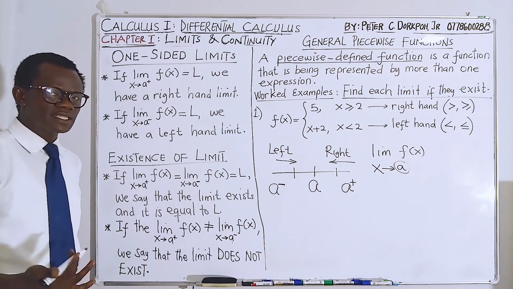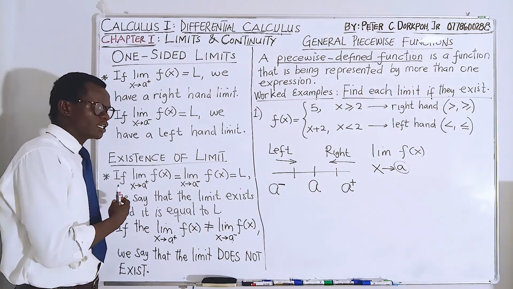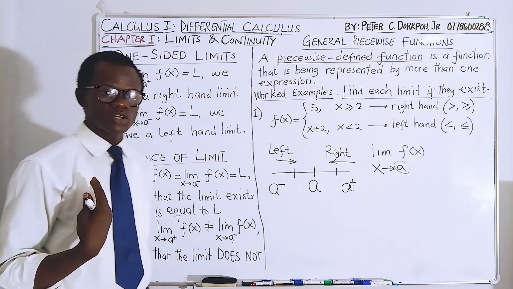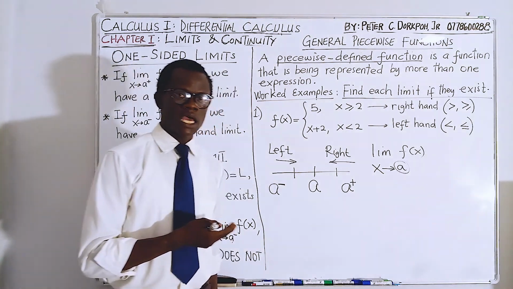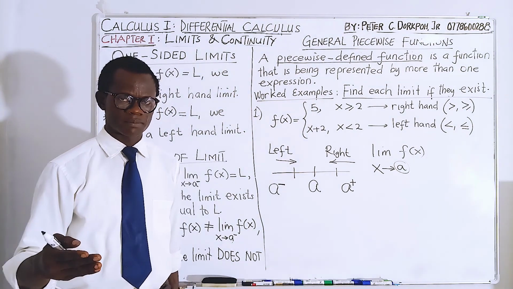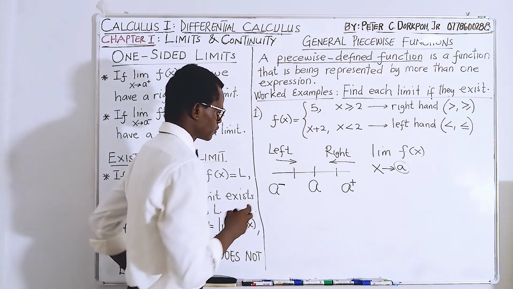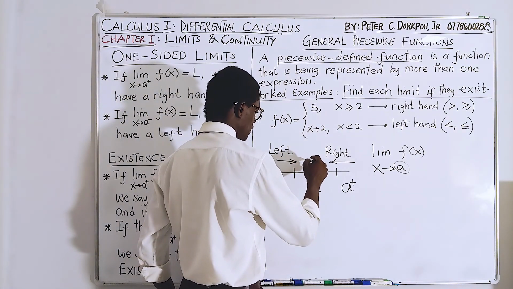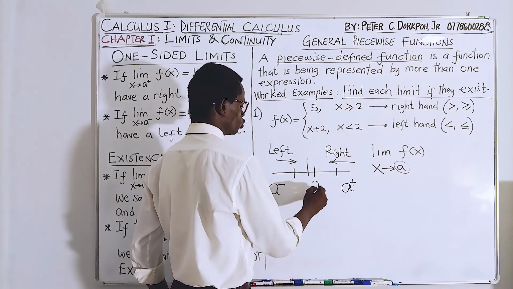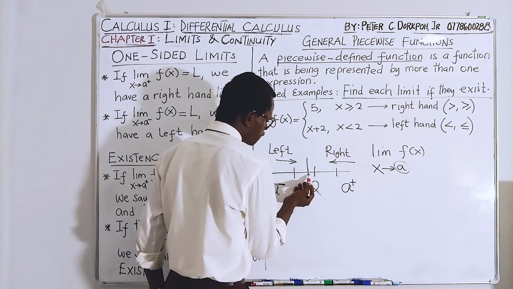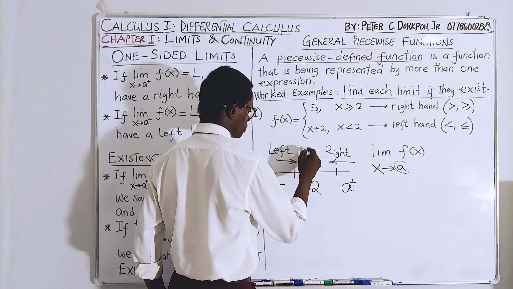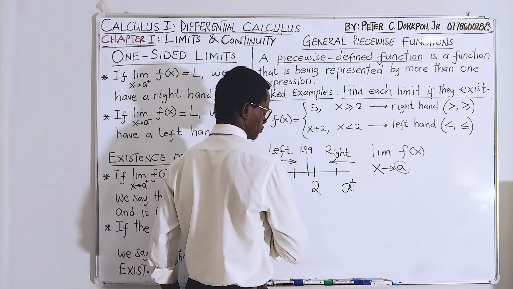For the limit to exist, the left-hand limit and the right-hand limit must be equal. Meaning, if you take the limit of a function from the left and from the right, they must be the same. For example, if x is approaching a, let's assume a was the number 2. When a value is approaching 2 from the left, it is very close to 2, say 1.99.